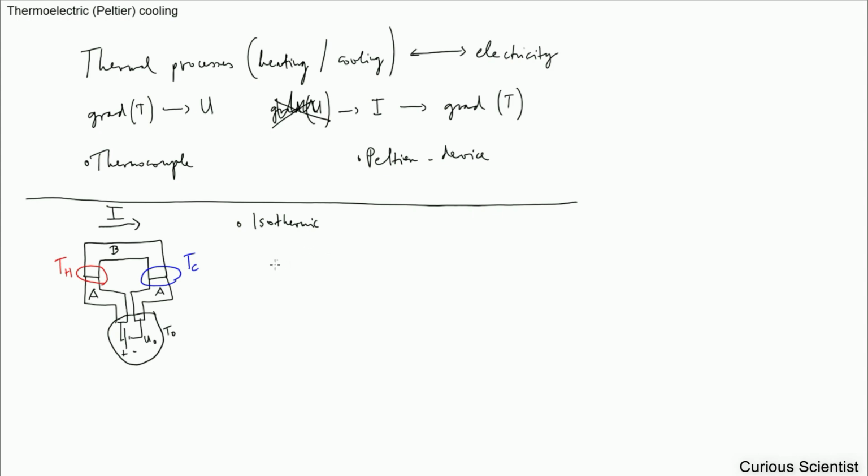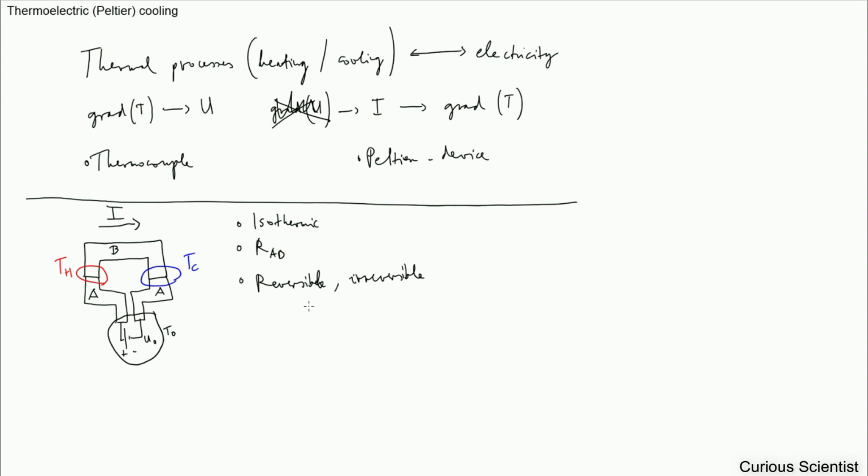And then we can define the resistance of the whole circuit as RAB, and then there are two processes. You have reversible processes and you have irreversible processes going on when the current is flowing through your circuit.